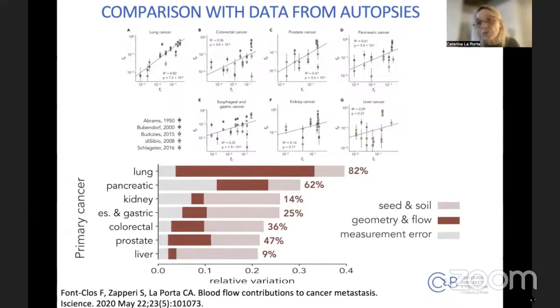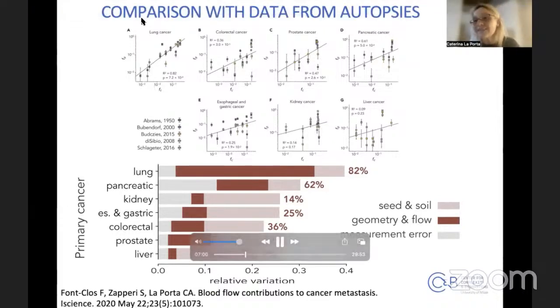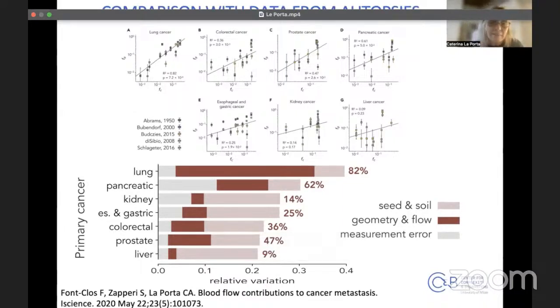The primary tumor was known, and the autopsy counted in which sites metastases had arisen. Then you can see here a cross correlation, the comparison between our simulation and the autoptic data, the sites found in real life. You can see that we got different results according to the tumors.